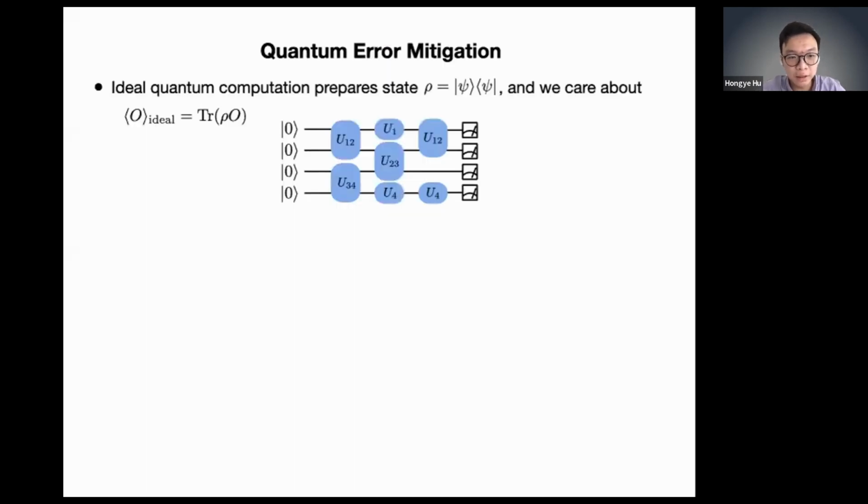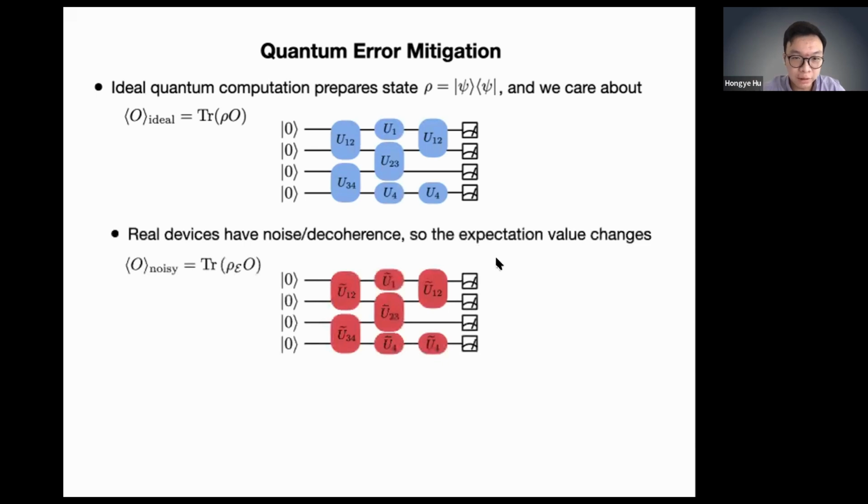First, let me define what quantum error mitigation is. An ideal quantum computer can be viewed as a machine that utilizes perfect quantum gates to prepare a quantum state phi. Usually the solution we are interested in is encoded as some linear property of the final quantum state. However, real devices inevitably have noise, and those gates are not perfect. Then the final state will also become noisy.